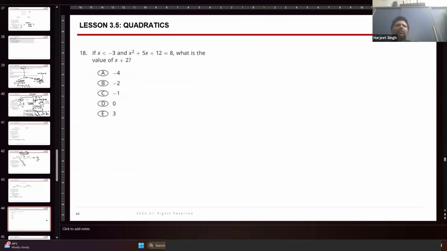All right. Inequality and quadratic together here. Let's see if we can solve this. So we always start with the quadratic and try to find what is x. So x squared plus 5x plus 12 equal to 8. I can bring the constant on the other side. Always on the RHS you should have a 0.